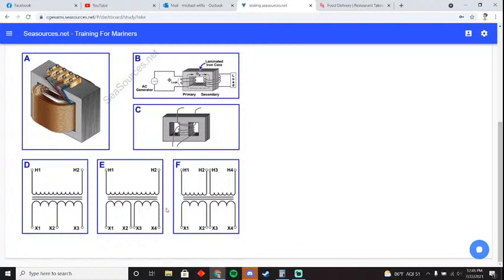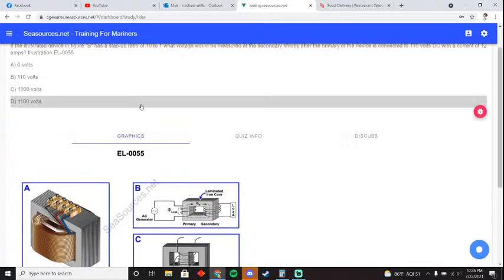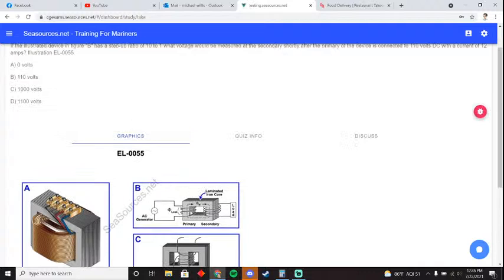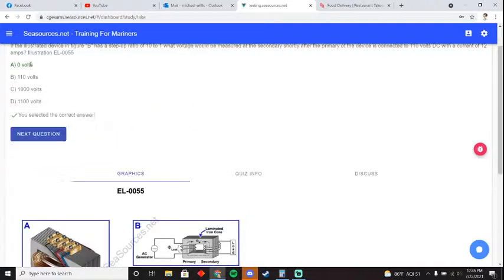Now if you're missing a coil, see how this one only has two that are wound going that way, and then three wound going that way? That is a step down transformer. This is step up, step down. That is not a transformer because you have three windings, and then you have three windings. So you're going to get 0 volts.